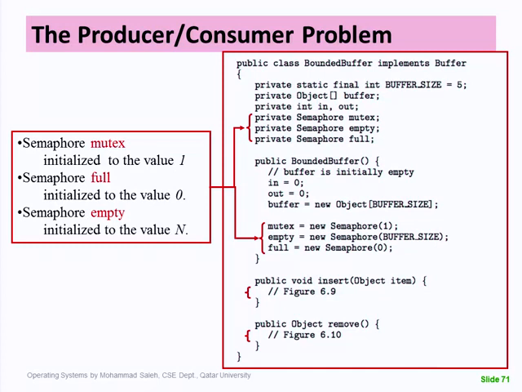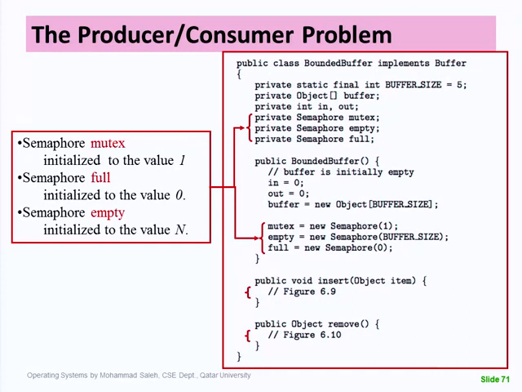Basically, we want this bounded buffer to be accessed by one thread at a time, correct? We don't want multiple producers, or multiple consumers, or a combination of both to access the bounded buffer at the same time. That won't work, right? So what we want is to guard the access to the bounded buffer, which means we're going to have some kind of locking mechanism.